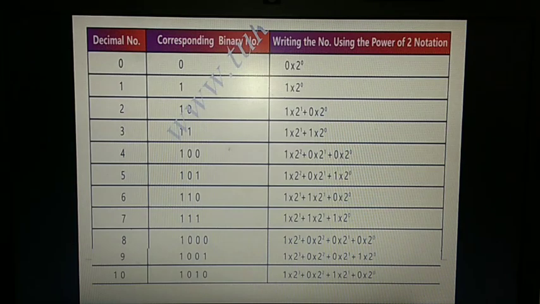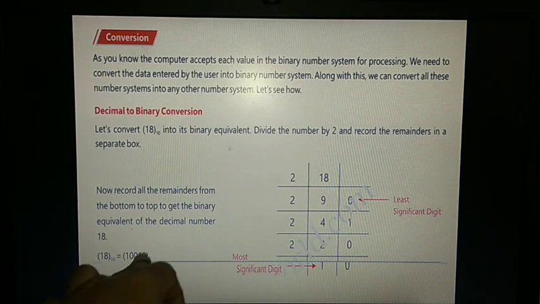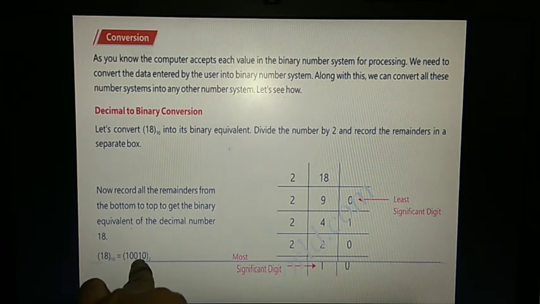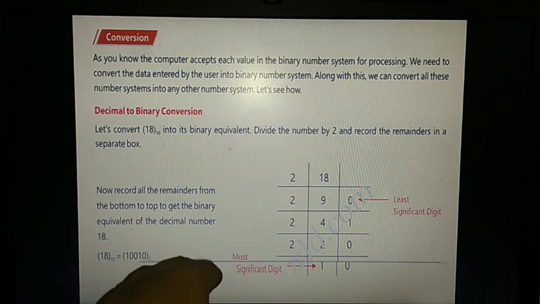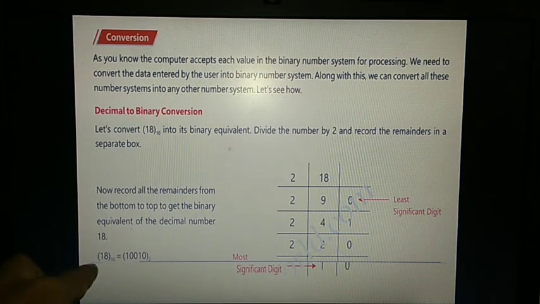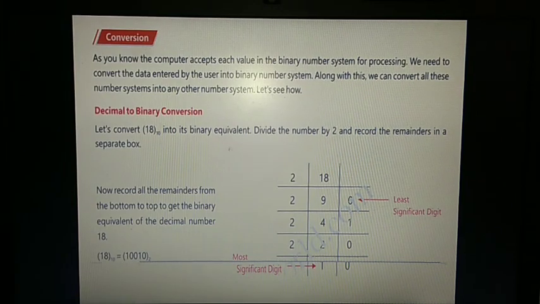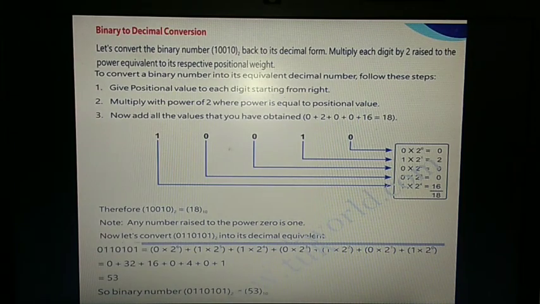You got this binary number, 10010 base 2. Let us convert it back into decimal form, so you must get the answer 18 base 10. Let us see how this works. Multiply each digit by 2.